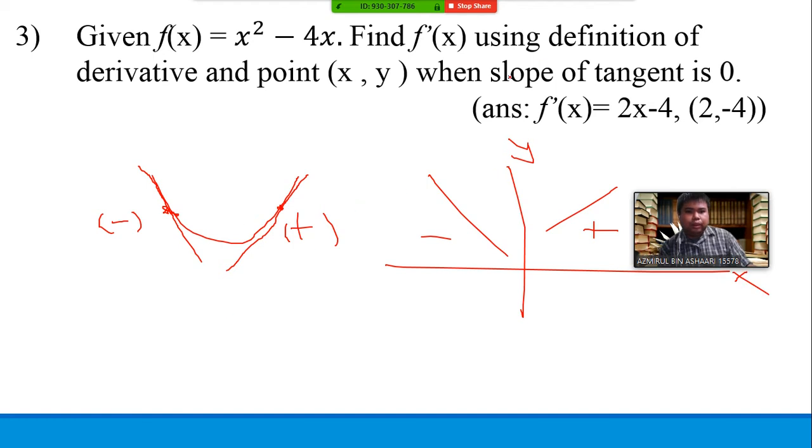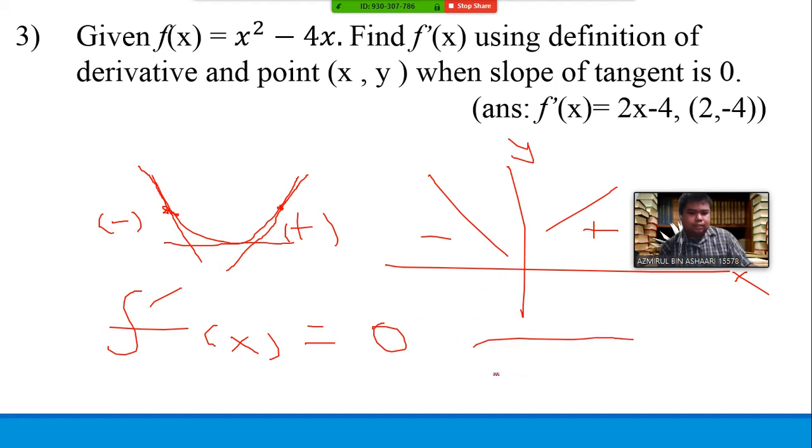Then how about when the slope of the tangent is 0? It's not positive, it's not negative. So when it's 0, it means that f prime x is equal to 0. Okay, when the tangent of the graph is like this one, when they are straight like this one, so it is 0.